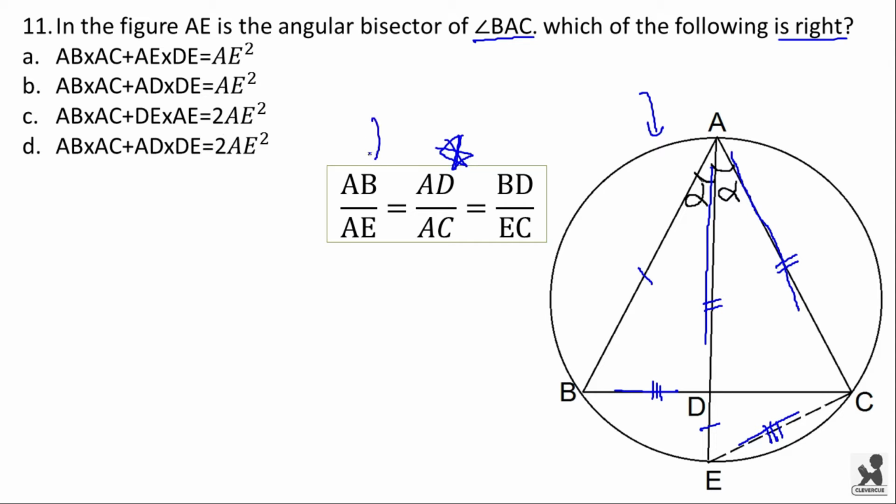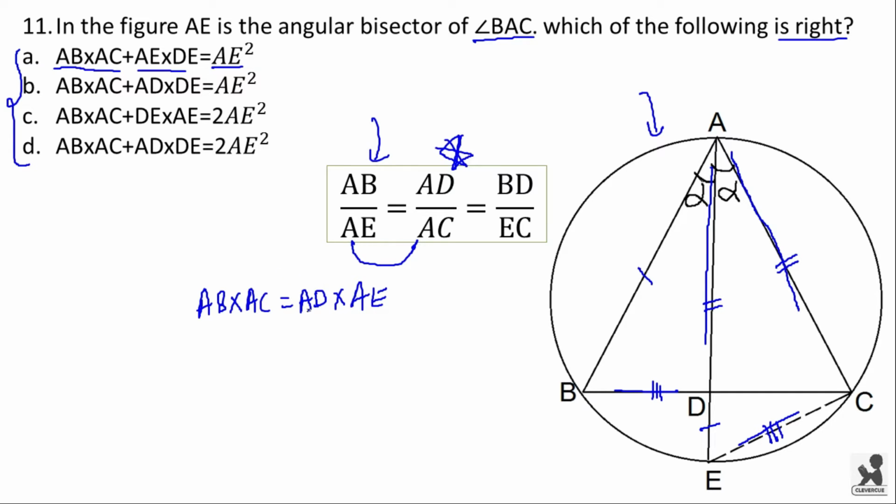Now you have to remember this formula. Now let us substitute in these four options. Consider the first option. AB into AC plus AE into DE is equal to AE square. If you consider these two terms of this formula, you have AB into AC is equal to AD into AE.